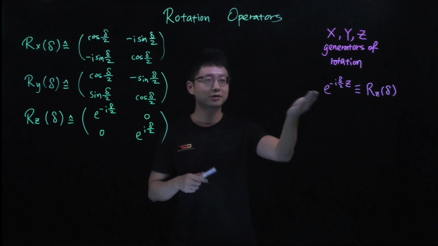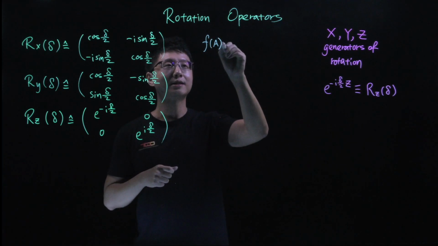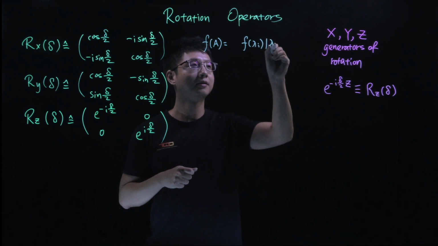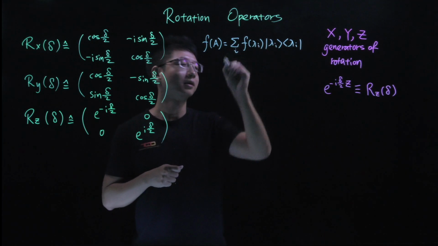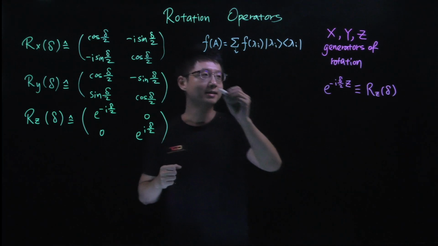Making use of the spectral decomposition one more time, where we know that the function of the operator is defined on the function of its eigenvalues in its eigenbasis. So here, the z operator is diagonal in the 0, 1 basis.